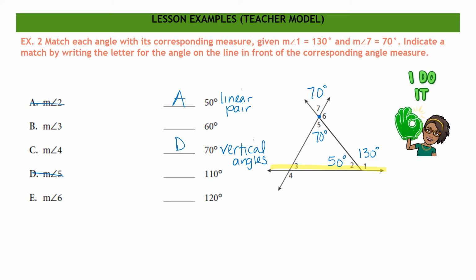With the measure of angle 3, I see that it is inside of a triangle. Angles 3, 5, and 2 are inside of a triangle. We already know about the triangle sum theorem, that all the angles within a triangle, the sum is equal to 180.